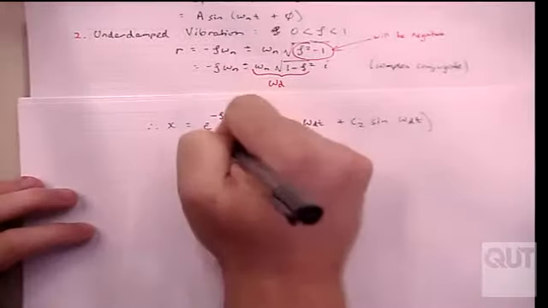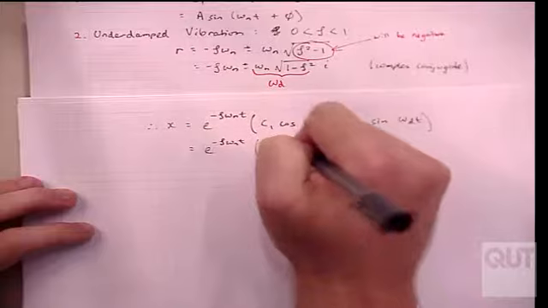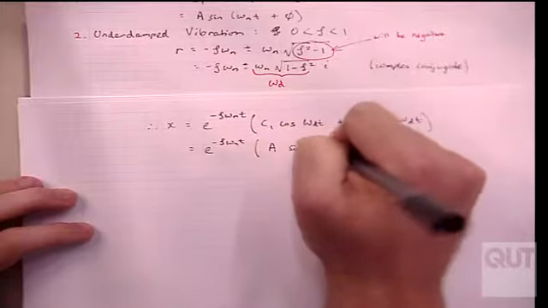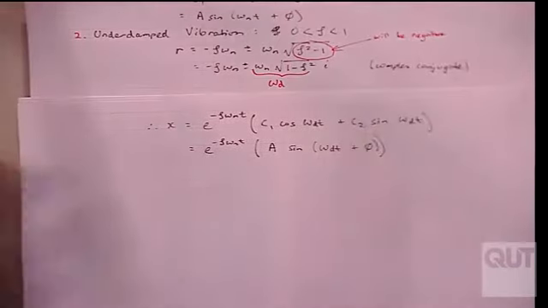And once again, whenever you have a cos plus a sine component of the same frequency, you can convert that into a single sine function with an amplitude and a phase shift, like so. So that's what our solution looks like for any underdamped vibration problem.